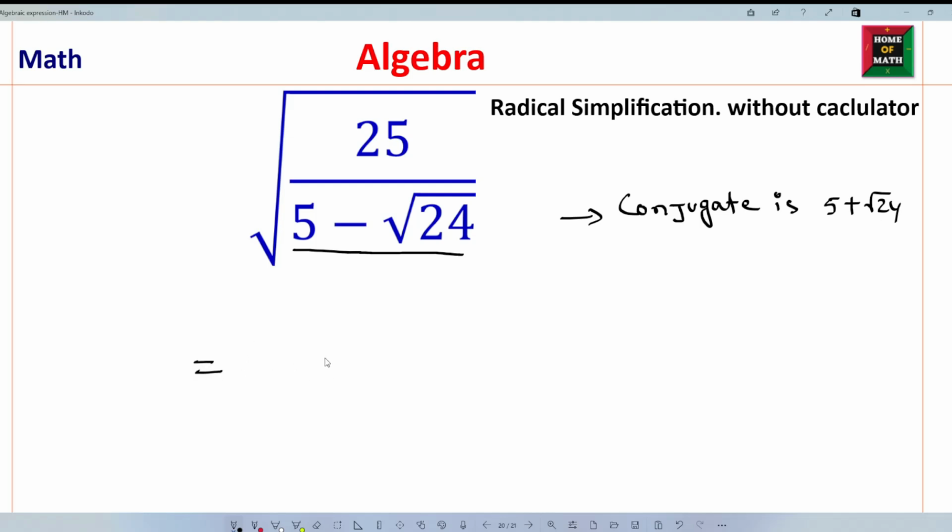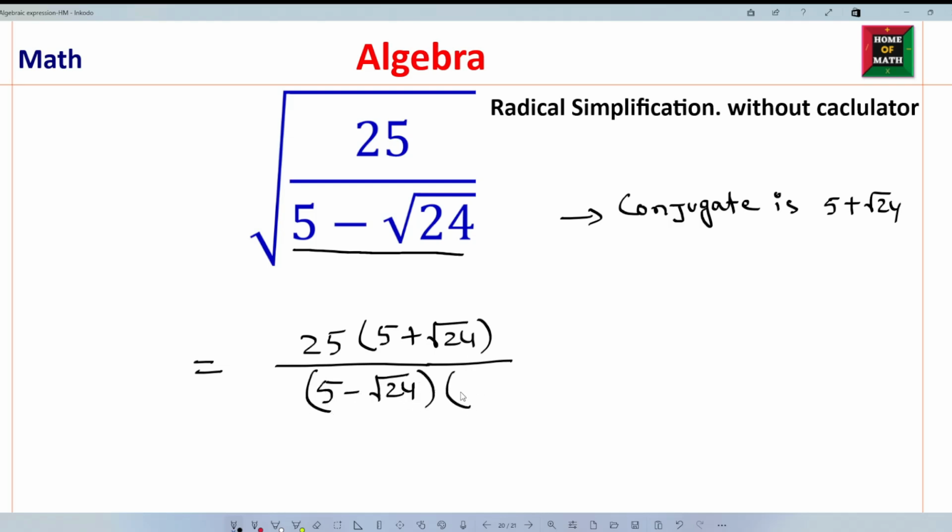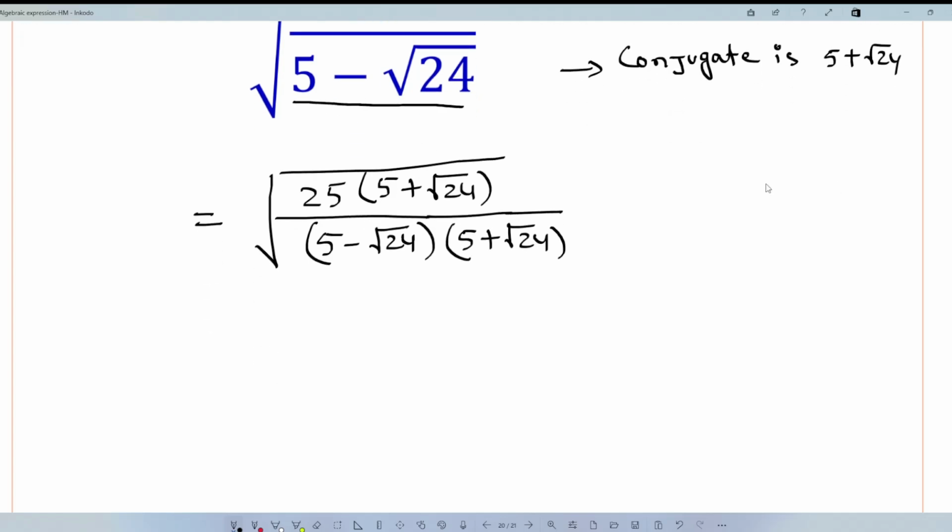So 25 times (5 plus root 24) divided by (5 minus root 24) times (5 plus root 24), right? Now here we have 5 minus root 24 and 5 plus root 24.